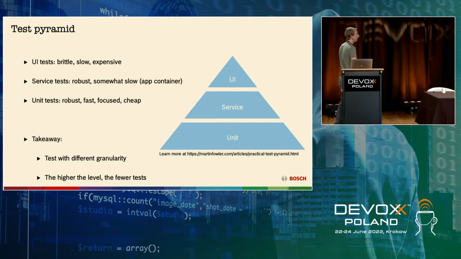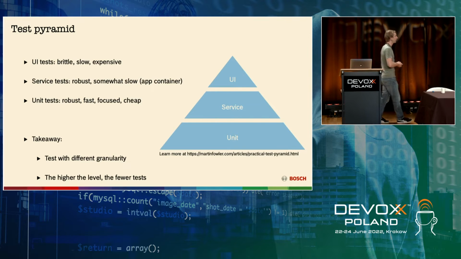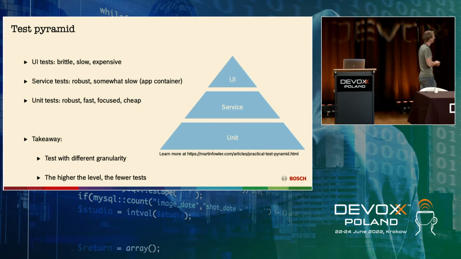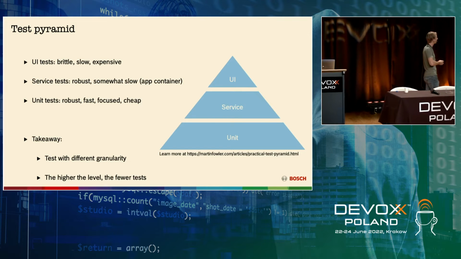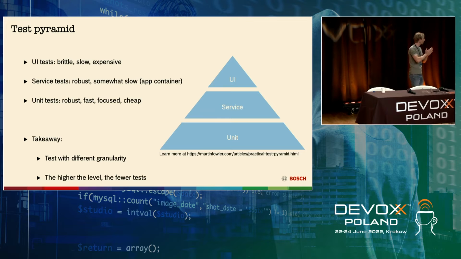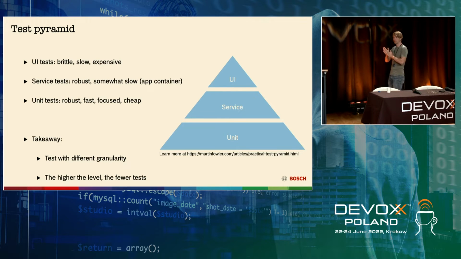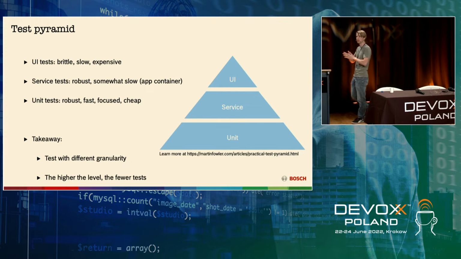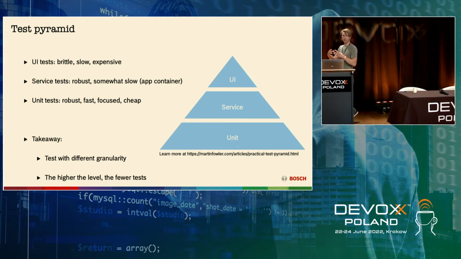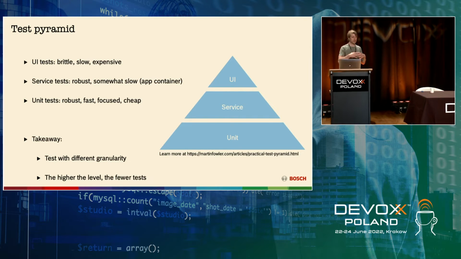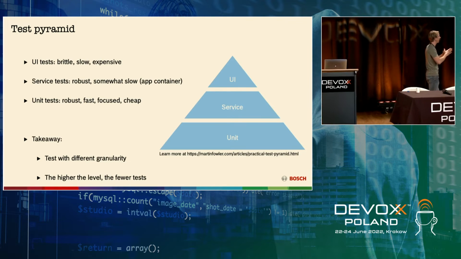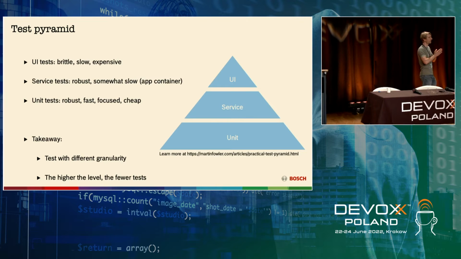Okay, testing pyramids. I guess most of you know that already, so just very briefly. What this says is, it basically relates to the amounts of tests you should have in your project. So you should have a solid base of fast unit tests, some a little bit less service tests, and at the top of the pyramid, there are the UI tests, of which you should have the least.